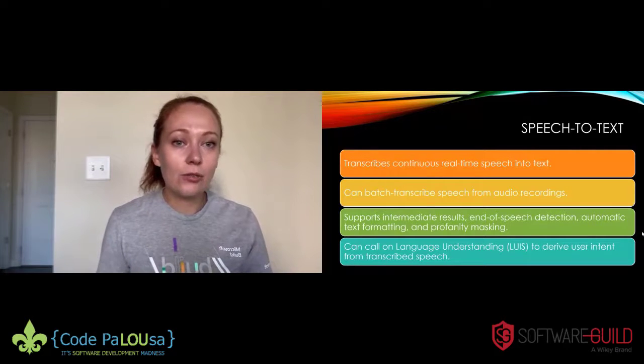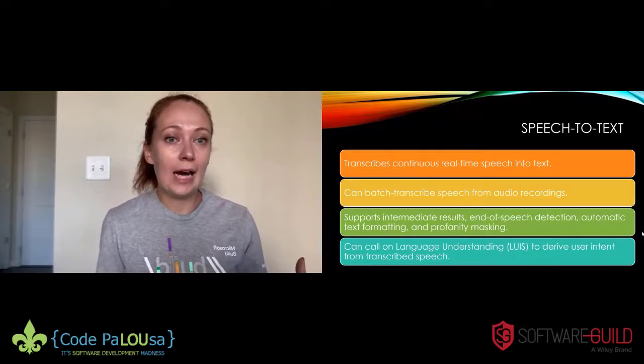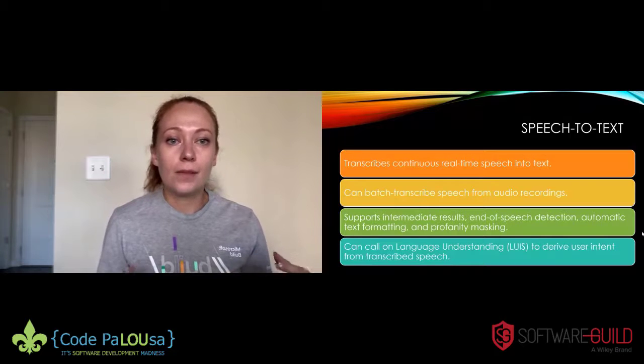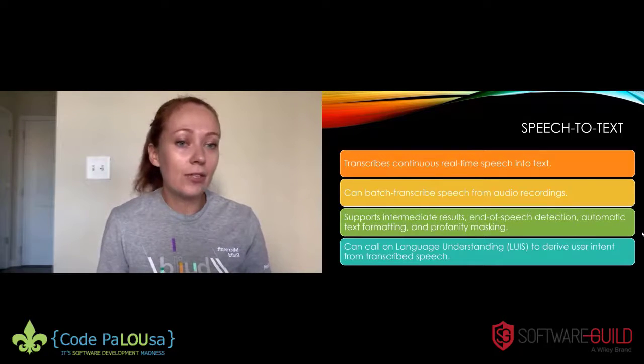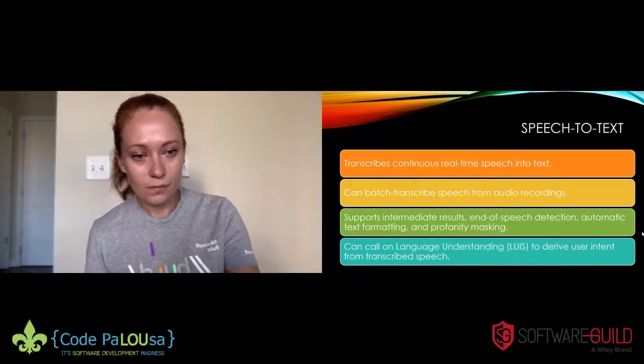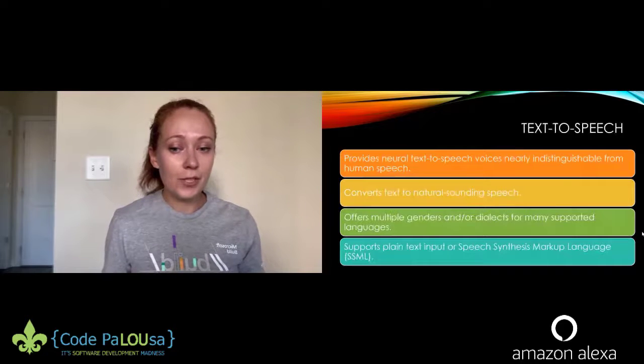I am actually using LUIS in my demo, so we'll see how those two cognitive services are connected and can work together in an application. So next one here is text-to-speech.